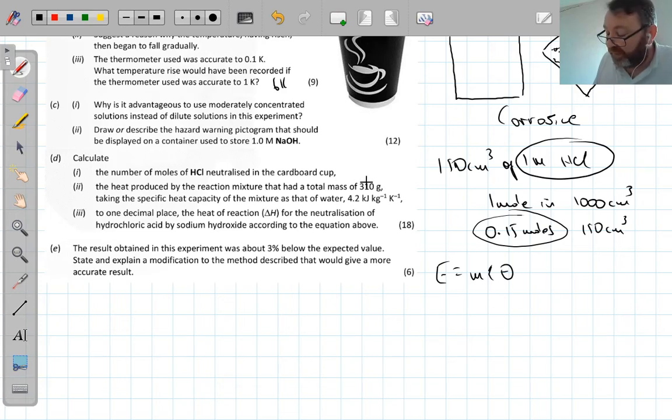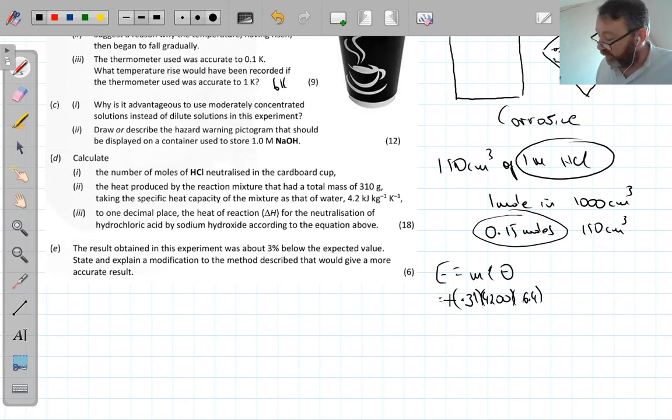There's 310 grams, so that's 0.31 kilograms, multiplied by the specific heat capacity, 4,200 joules. And by the way, C must be in joules, not in kilojoules. Okay, and the rise in temperature, we were told, went up by 6.4 Kelvin, which is the same as a rise of 6.4 Celsius as well.